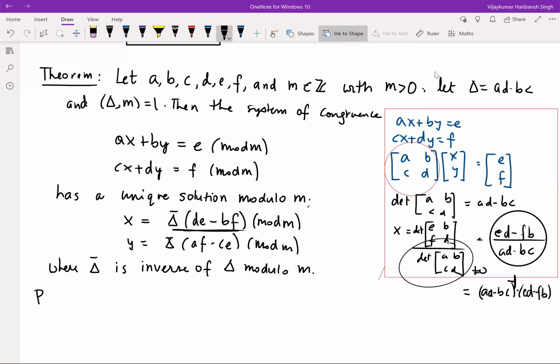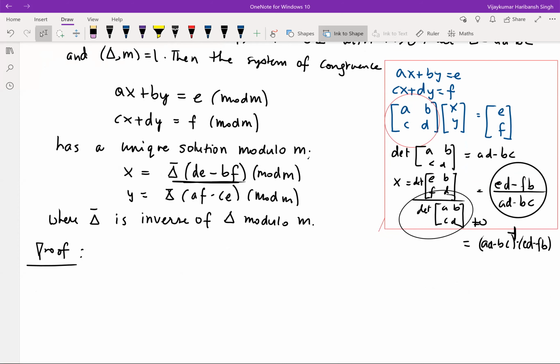So proof. Again, the proof is elimination of the variables. We'll eliminate y. Let me call this equation 1, and this equation 2.